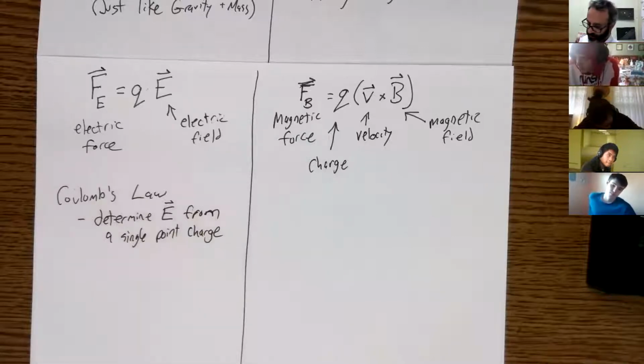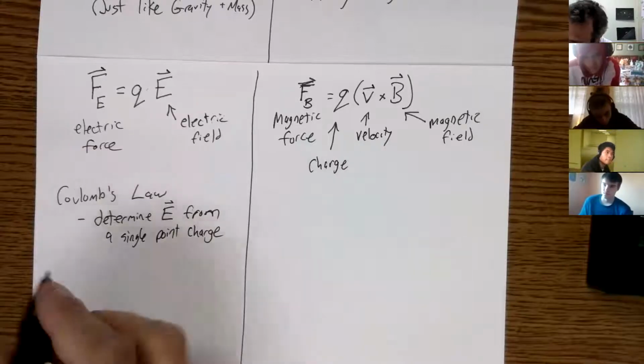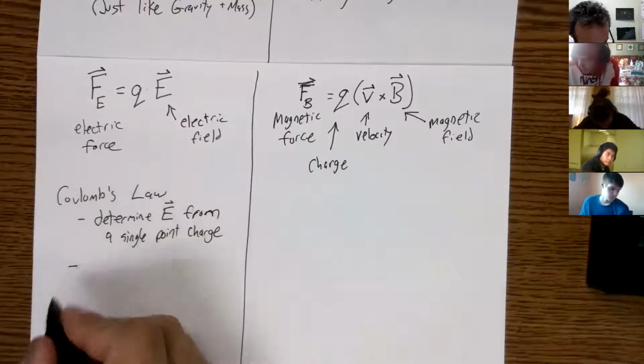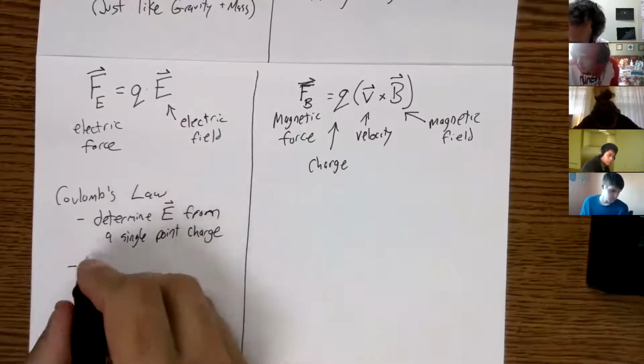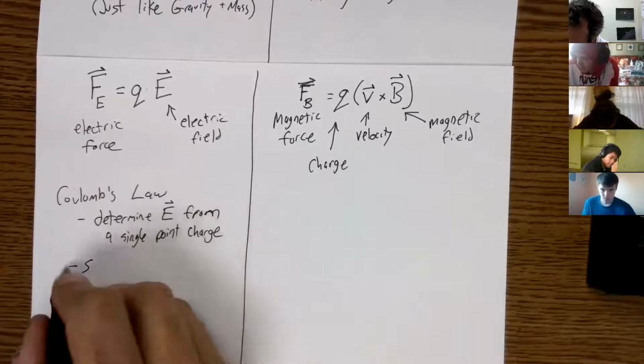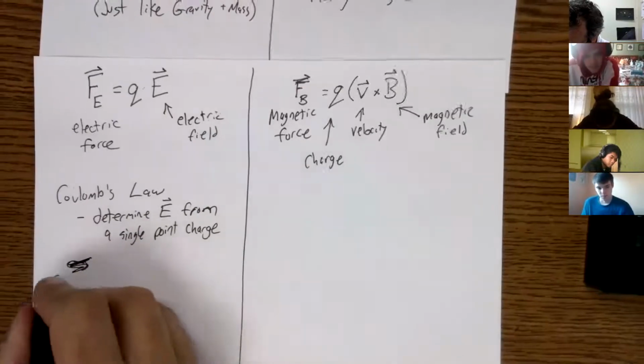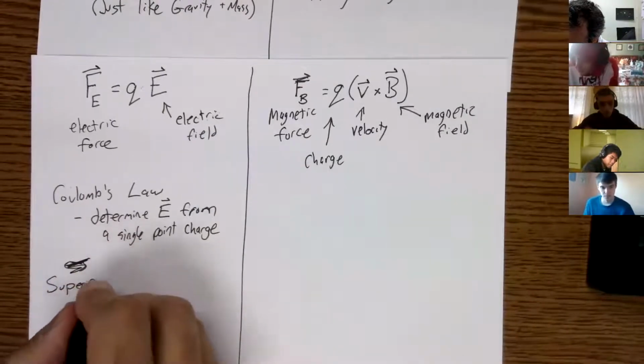But there's more than one charge in the universe, so we have to figure out what's going to happen to the electric field from more than one charge. So the next thing we'll learn is the superposition principle. That's not Coulomb's law. There's the superposition principle.